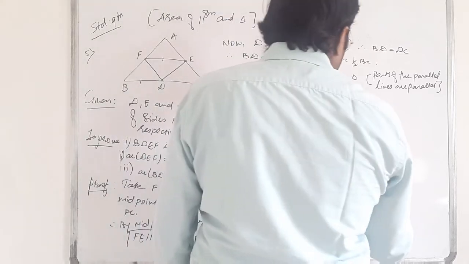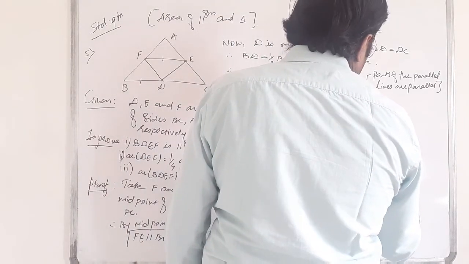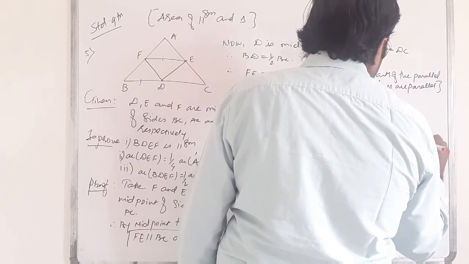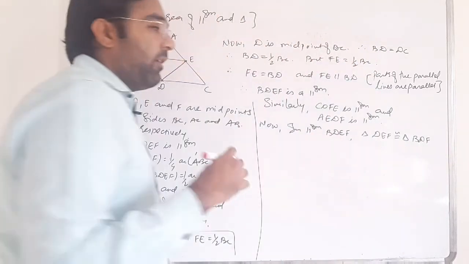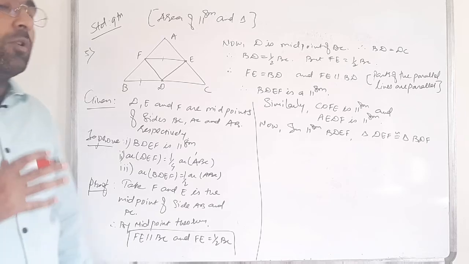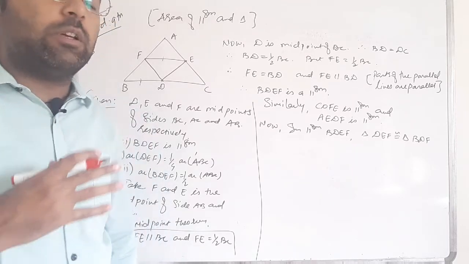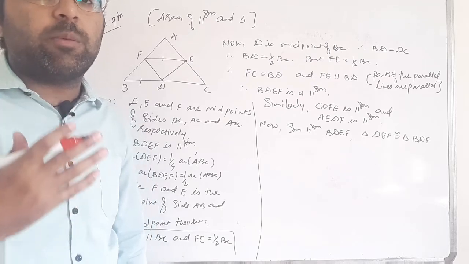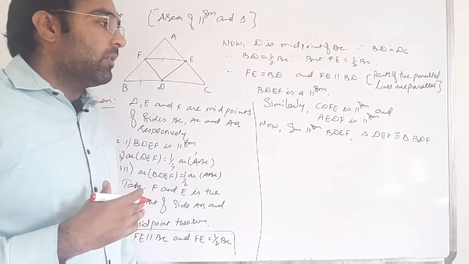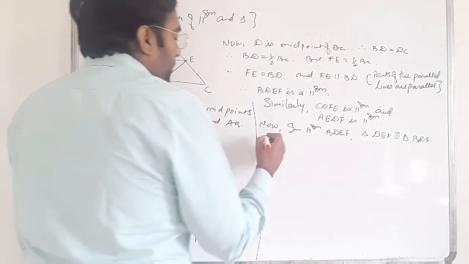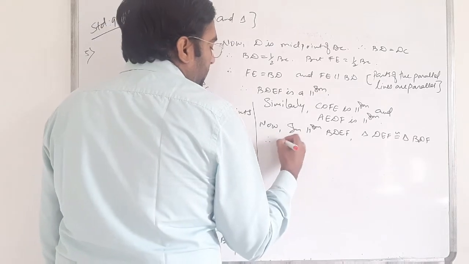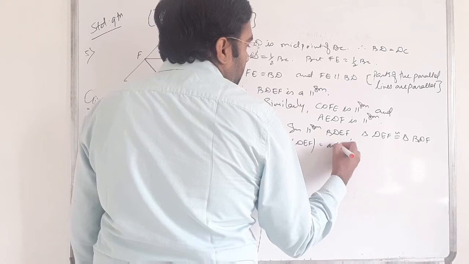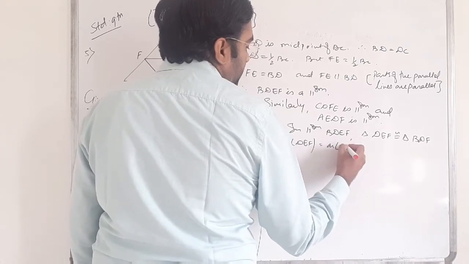Triangle DEF is congruent to triangle BDF, and congruent triangles have equal area. Therefore area of DEF is equal to area of BDF.